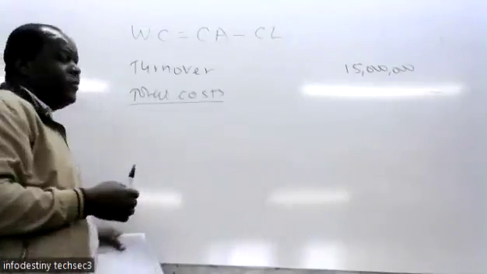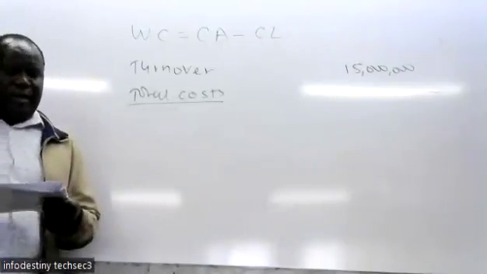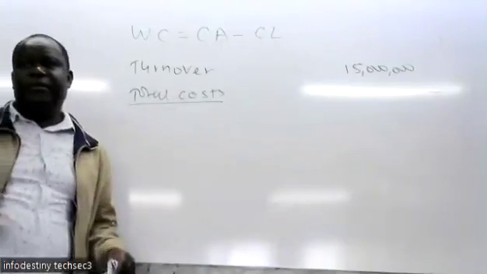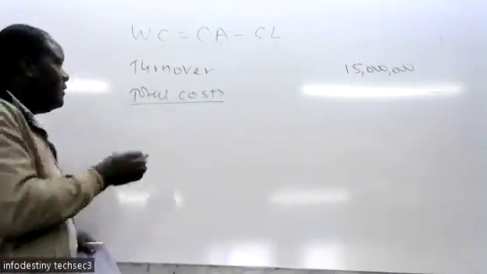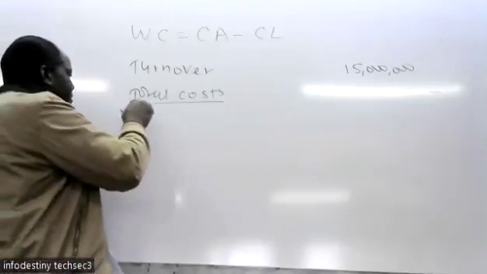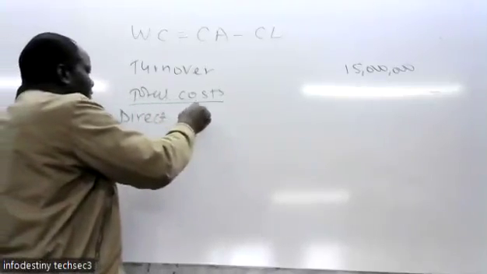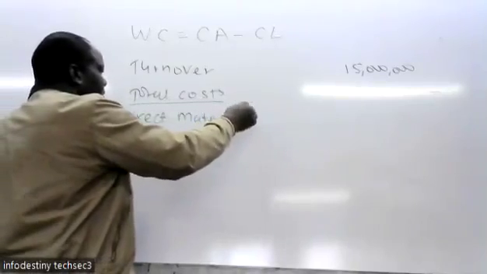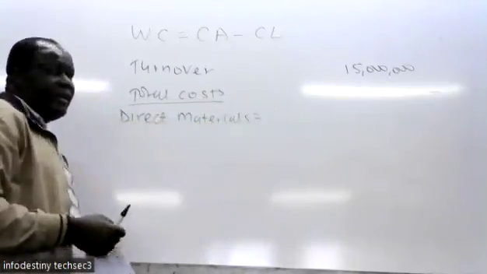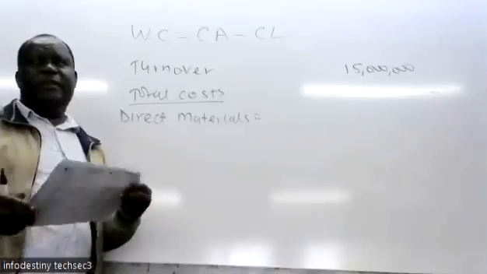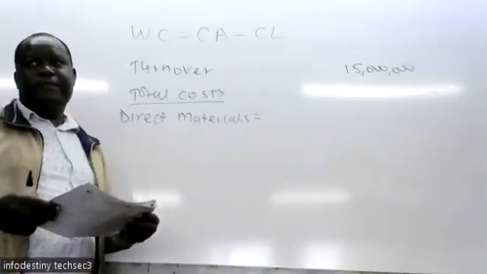Under the total costs, we start with direct materials. Direct materials were given which percent? 30.